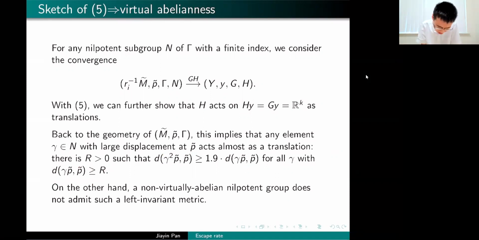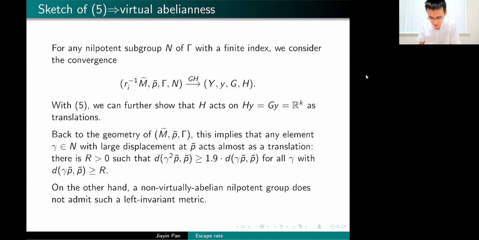On the other hand, one can show that a non-virtually abelian nilpotent group does not admit such a left invariant metric. If you have a nilpotent group that does not contain an abelian subgroup of finite index, then it cannot admit a metric that looks like this. Again, I'm going to skip the proof of why this is not true.